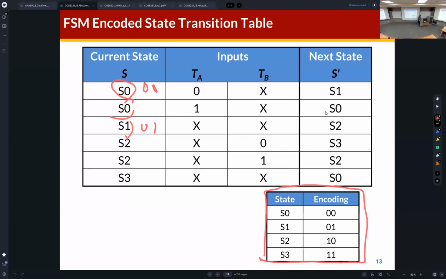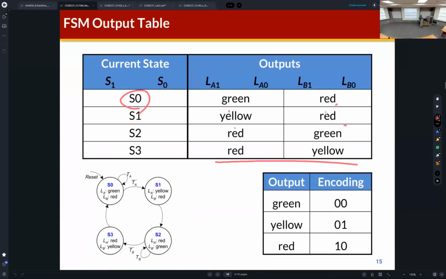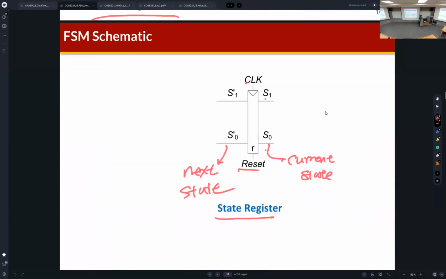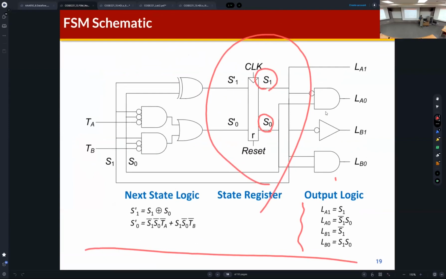We need to use binary data for designing the systems, so the state can be encoded into binary signals. Then we can complete the state transition table, and also define the output logic. Based on this design, we can implement the required modules for the FSM.